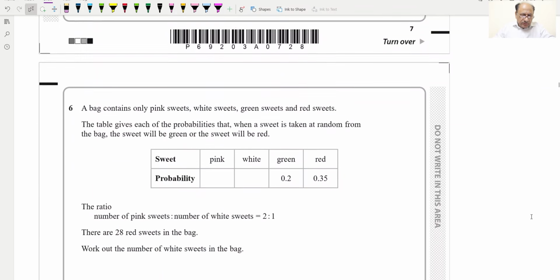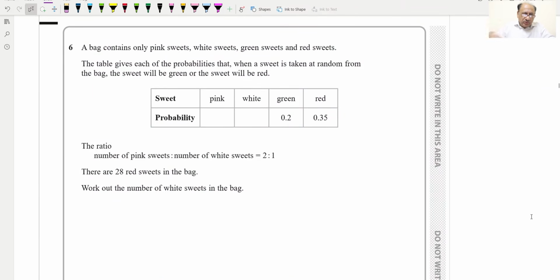Now next, question number 6, and question number 6 says a bag contains only pink sweets, white sweets, green sweets, and red sweets. The table gives the probabilities that when a sweet is taken at random from the bag, the sweet will be green or the sweet will be red.